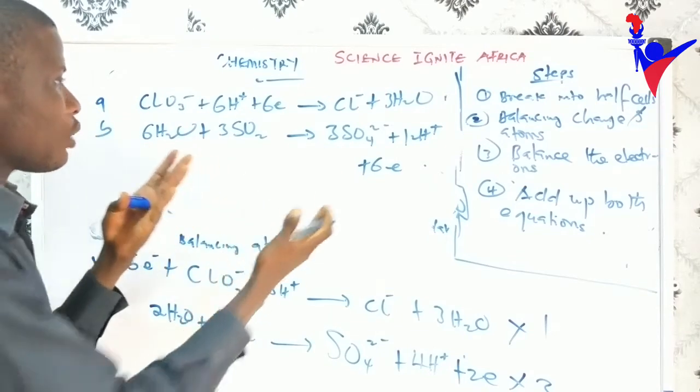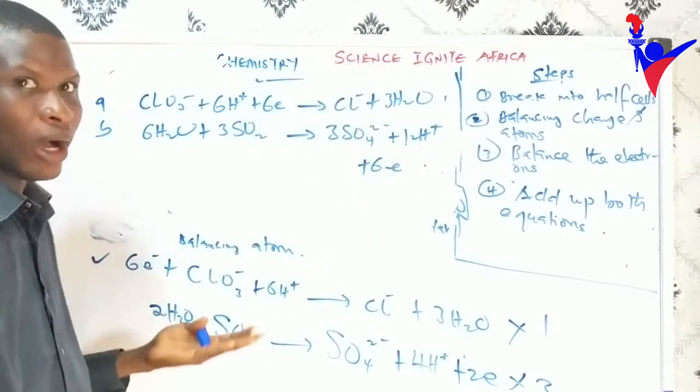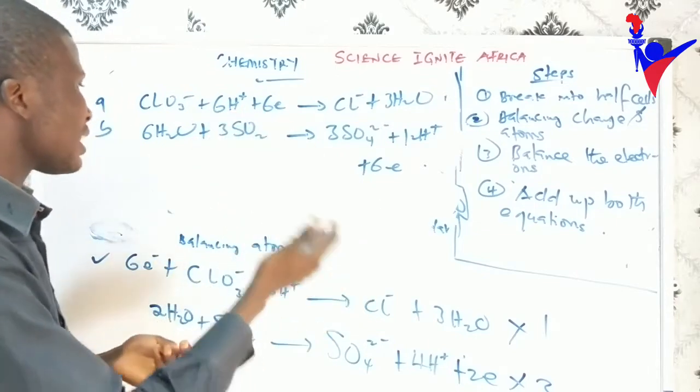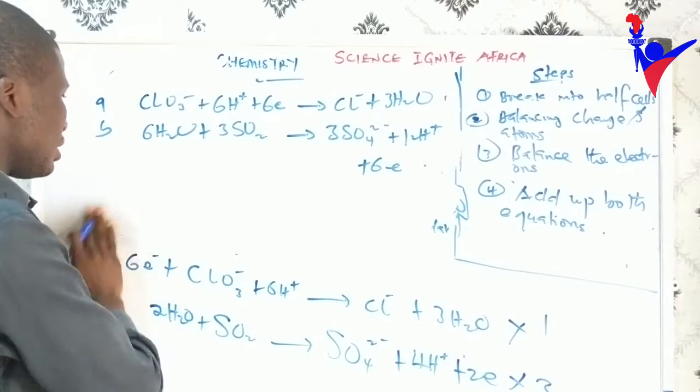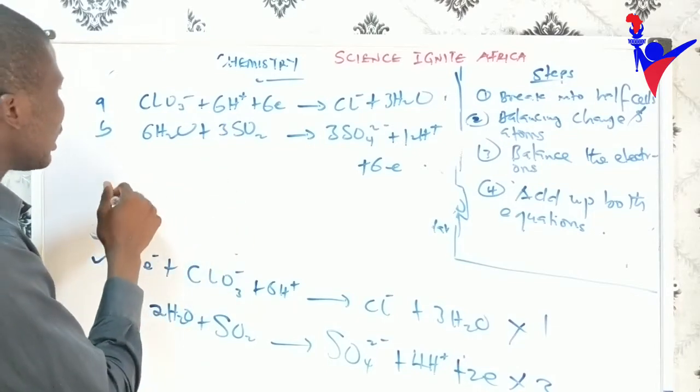I was trying to say that you can equally cancel the electrons even before adding up. But I think it will be better for us to add up before we cancel out the electrons. You could see it very clearly yourself.